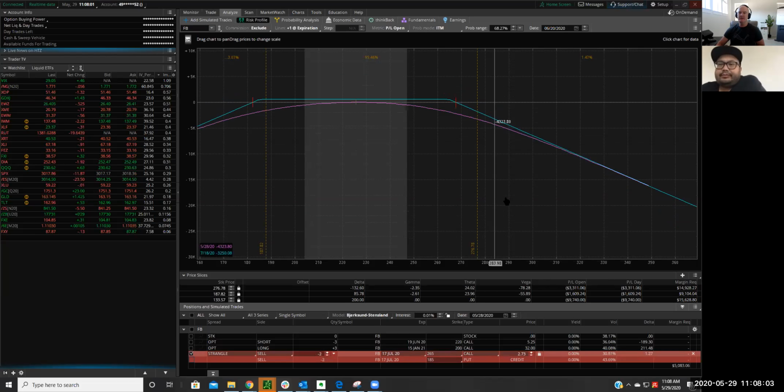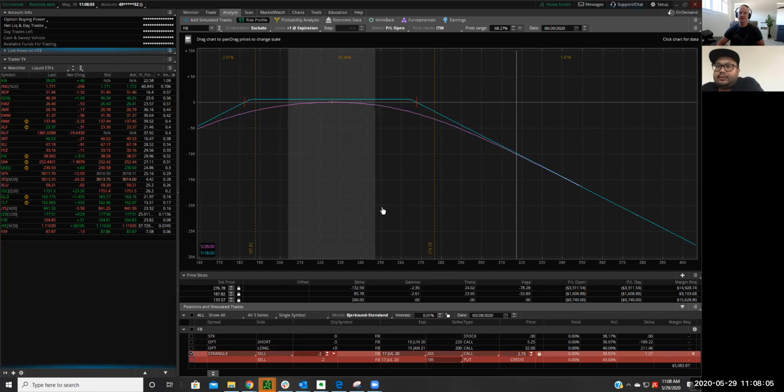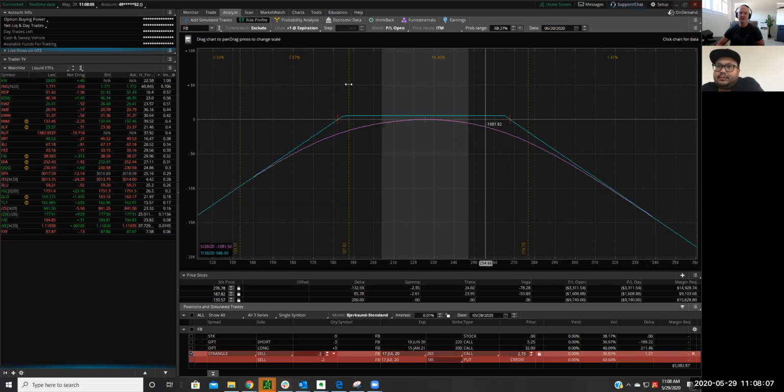So what I can do, you can drag this around so you can view it a little bit better. Okay. So I'm going to drag these, and this red hash mark on the green line is your break-even point. So anything to the left of that in terms of price starts to lose money. Okay. Anything to the right of this price starts to lose money.